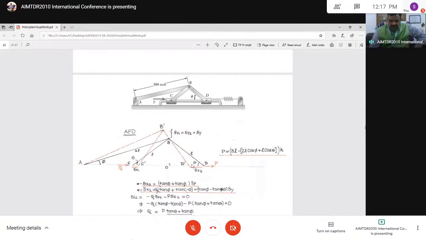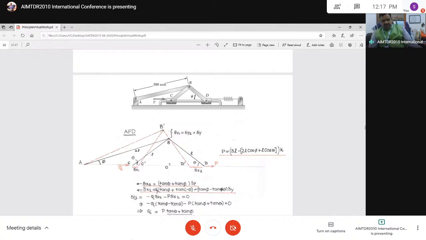When it is moving D to D dash, B moving to B dash, and this is a fixed pin, and this displacement C is moving to C dash, it is Q, and here I am using a frictional force P. Okay. Now find out this is the delta x1, delta x2, and that is what tan theta from the geometry. This is tan theta, tan phi, and this is delta x2, the x1 is this from the geometry.